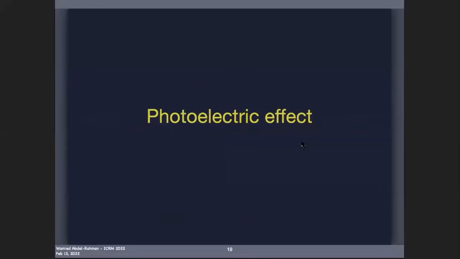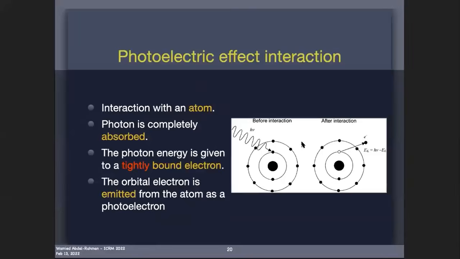For photons, there are several interactions, so I'll go through them quickly. The photoelectric effect is the first interaction. It's an interaction of the photon with an atom, where the photon is completely absorbed and the energy is given to a tightly bound electron. This tightly bound electron is emitted from the atom. It's called a photoelectron.